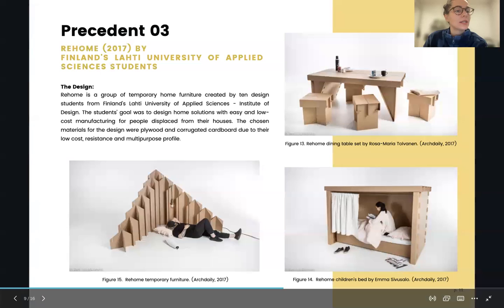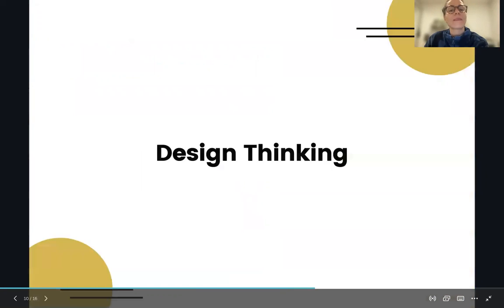The third precedent is Rehome Furniture, which is actually a student's project from Finland. And this is focused on cheap, easy to make, temporary but somewhat durable furniture for people that have been dislocated or need to rebuild their house from scratch.